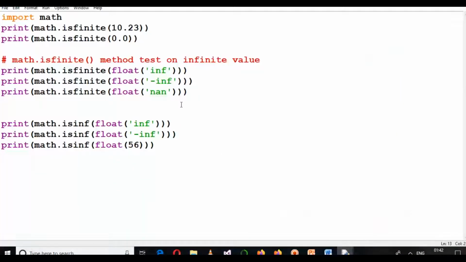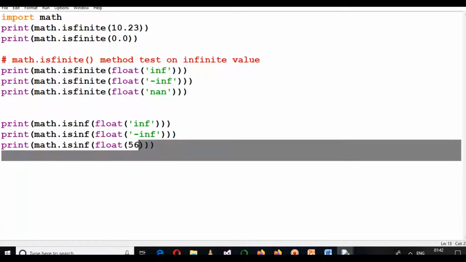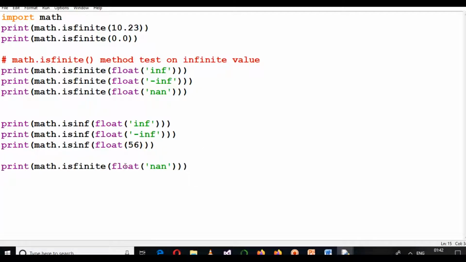So to check this, we can write a string "nan", and then we can use the float method to convert this string to a not-a-number value, and then we can apply isnan here. Inside isnan we are giving a mathematical value which will be equivalent to not a number.